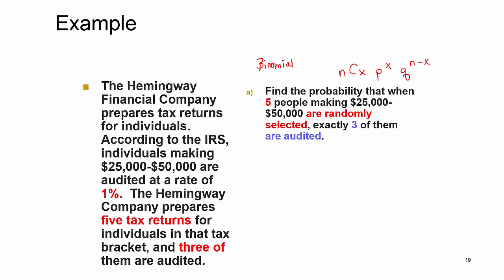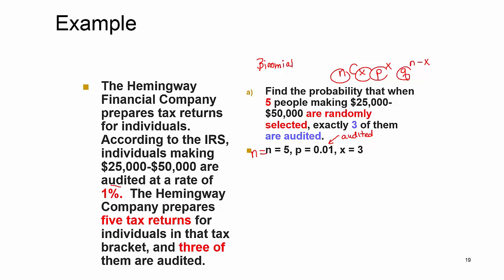So you look at this formula and you need to know an n, an x, a p, and a q. So n is the total trials. So n is going to be 5. p is going to be the probability of success. So what this means for us is the probability of getting audited.